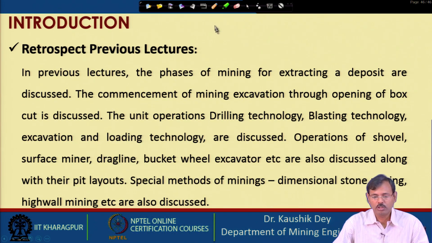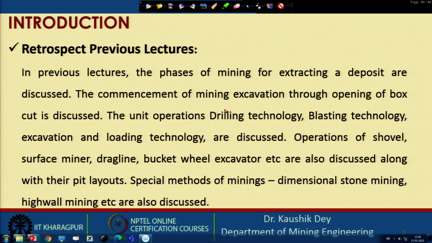Let us look at what we have covered so far. We have covered the current status of surface mining in the country and in the world, and the phases of mining a deposit. We have covered the box cut, the opening of the box cut, which is the commencement of surface mining, and the different unit operations: drilling, blasting, excavation, loading.